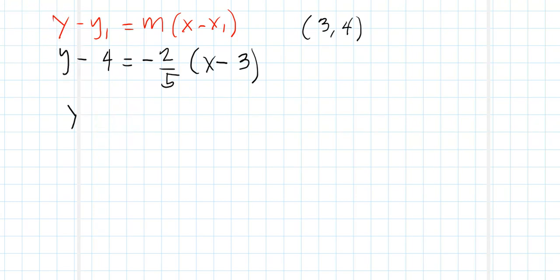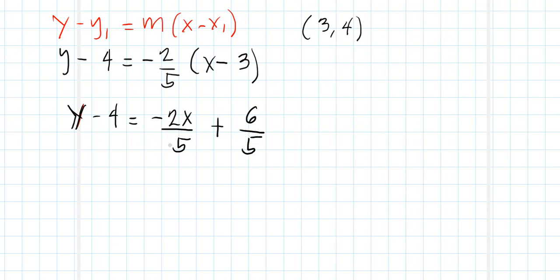Sorry class, so it should be y minus 4 equals, multiplying this, negative 2x over 5, negative times negative is positive, 2 times 3, 6 over 5.